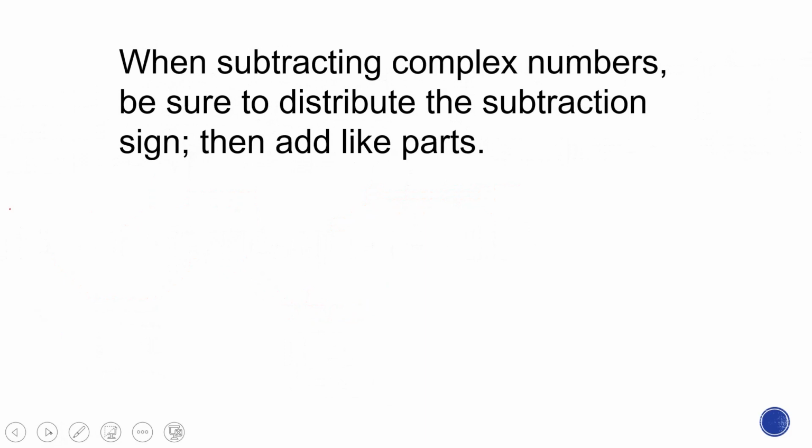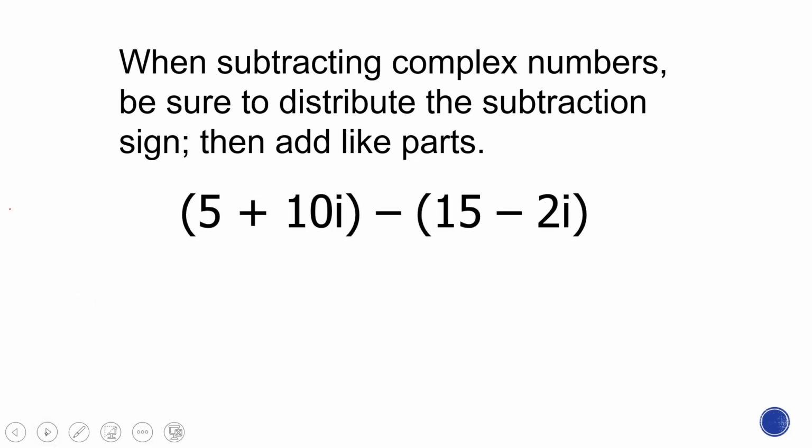Let's go to subtracting complex numbers. When we subtract complex numbers, we need to distribute the subtraction sign first and then add the like parts. In this case, we have 5 plus 10i and then minus 15 minus 2i.